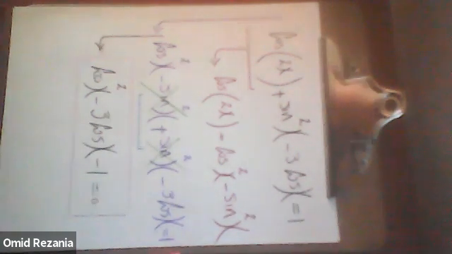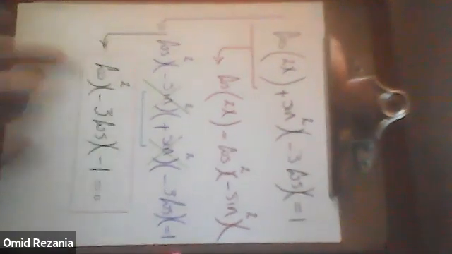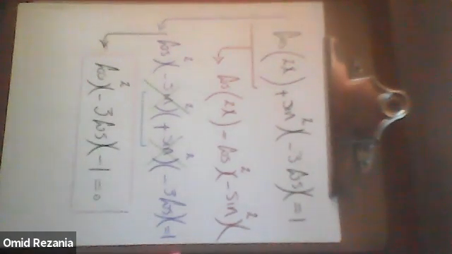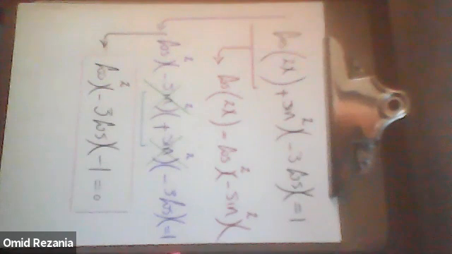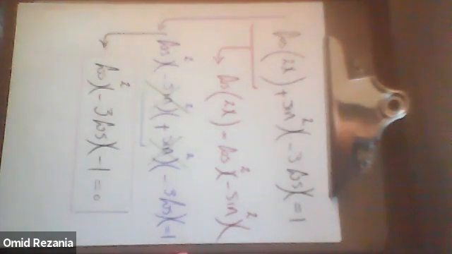And now, look at this one. I have cosine squared of x minus 3 times cosine of x minus 1 equals 0. Again, it reminds us of a quadratic polynomial that we can simply solve if we make the right substitution.